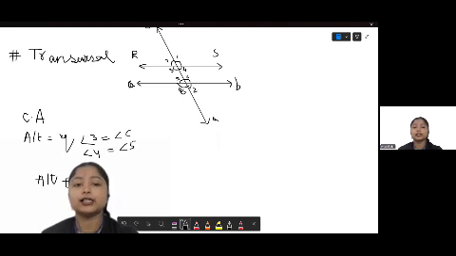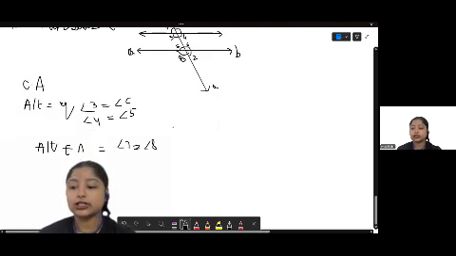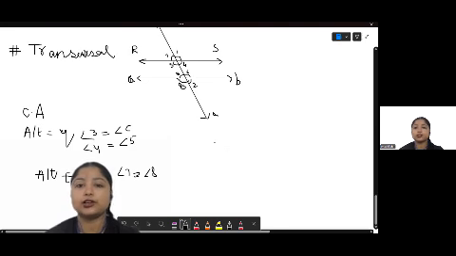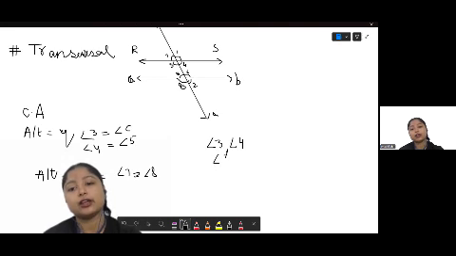So over here, angle 7 is equal to angle 8. That's an alternate exterior angle. Now, the next is consecutive interior angles. Consecutive interior angles over here are angle 3 and angle 4, angle 5 and angle 6.